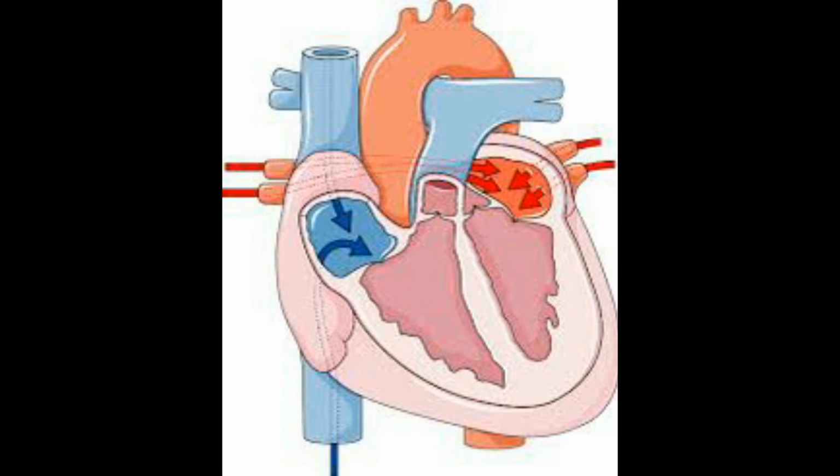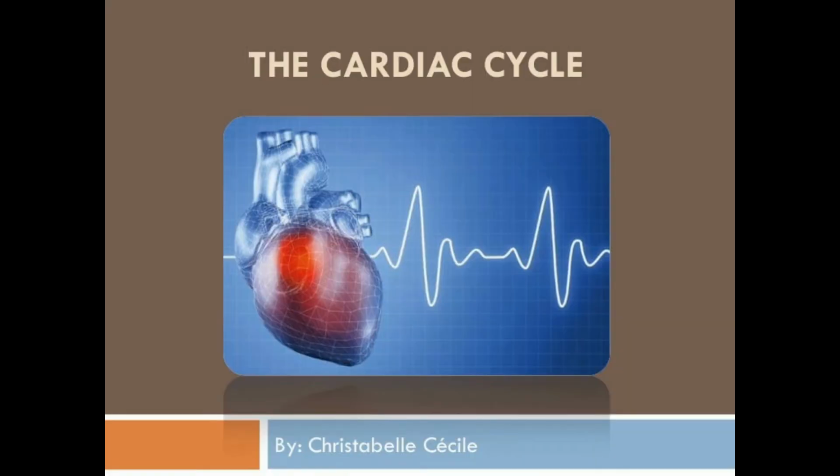Atrial systole. The sinoatrial node now generates an action potential which stimulates both the atria to undergo a simultaneous contraction, which is considered as atrial systole. This increases the flow of blood into the ventricles by about 30%.